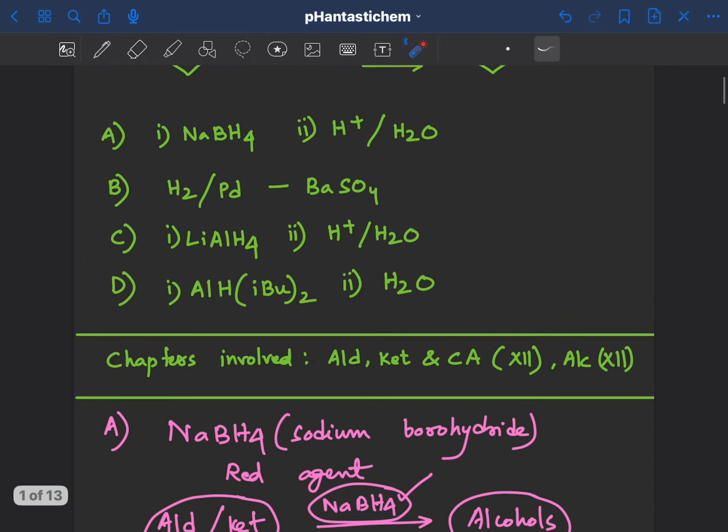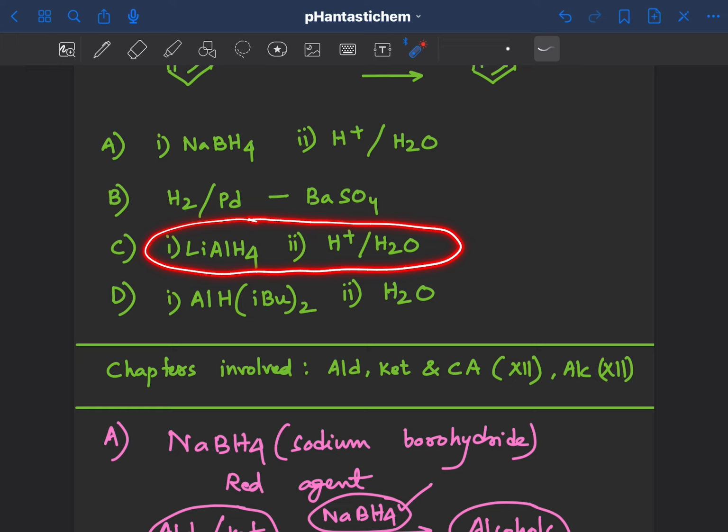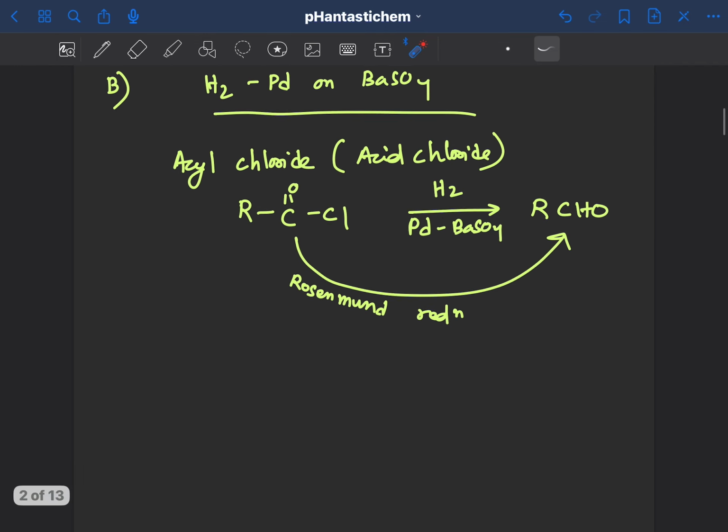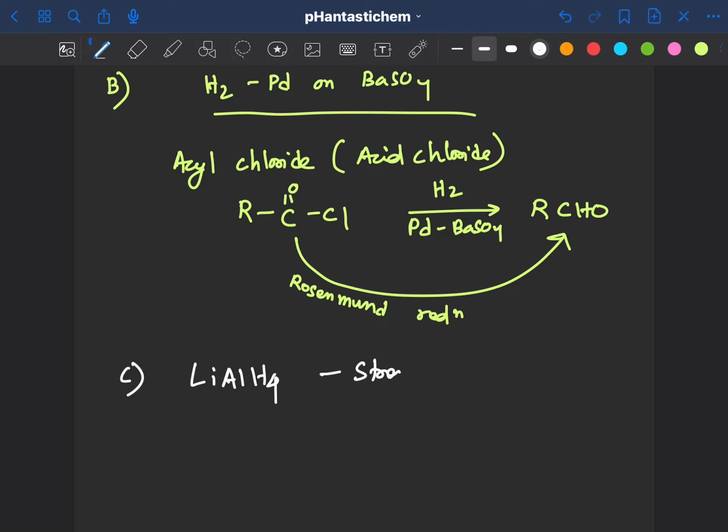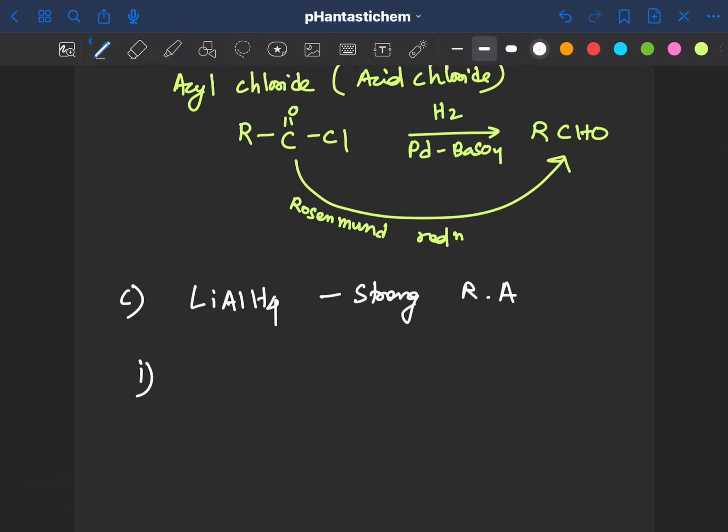The third reagent is lithium aluminium hydride, LiAlH4, which is another very strong reducing agent. It has two uses. We can make alcohols by treating aldehydes and ketones with lithium aluminium hydride.